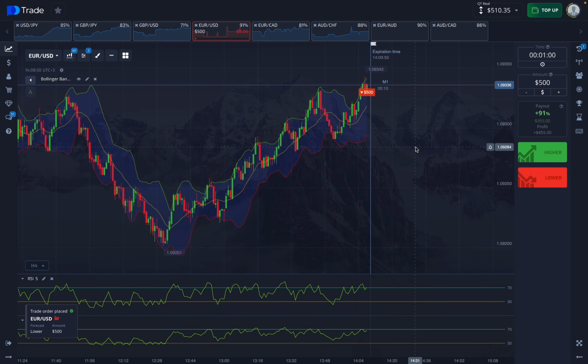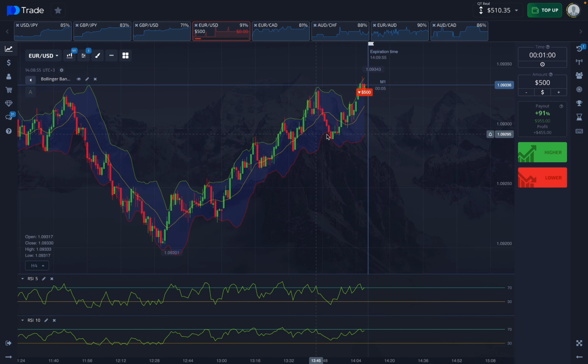And let's try to open the first downward trade against the trend here. I think that we should experience a rollback of dynamics.